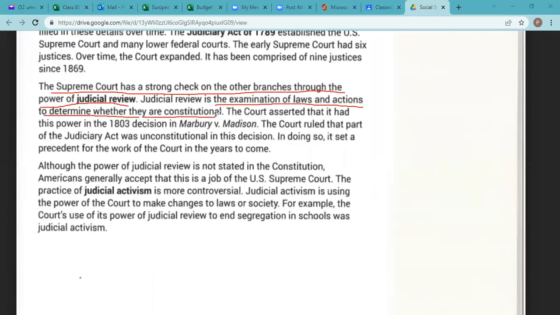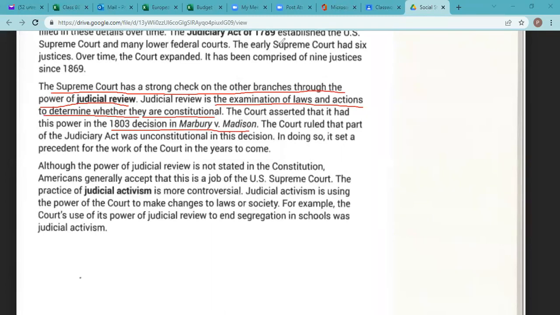Okay, so the court asserted that it had this power in the 1803 decision of Marbury versus Madison. Now, the court ruled that part of the Judiciary Act was unconstitutional in this decision. So in doing so, it set a precedent for the work of the court in the years to come.